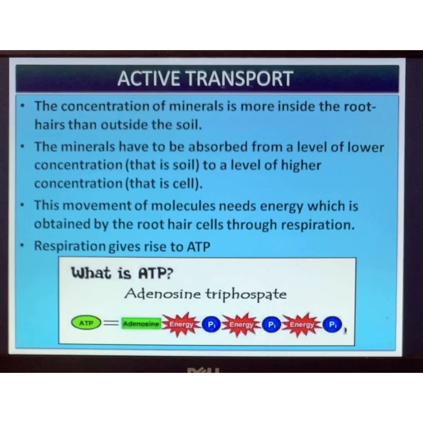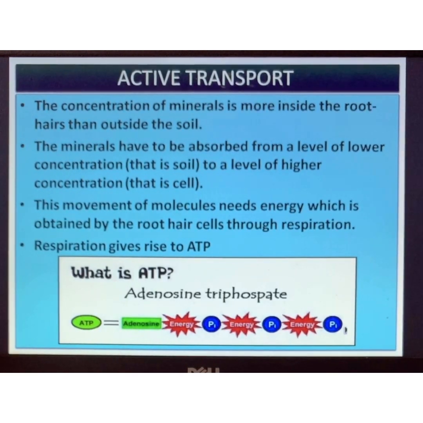So the plants will have to absorb the minerals from an area of lower concentration, that is the soil in which they are growing. And where do they have to absorb it? Inside the cells, where there are chances of having more mineral ions.